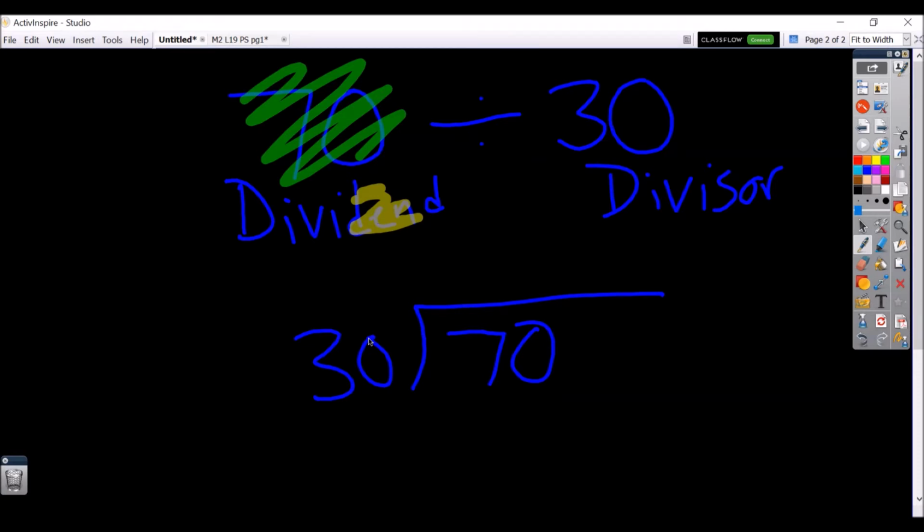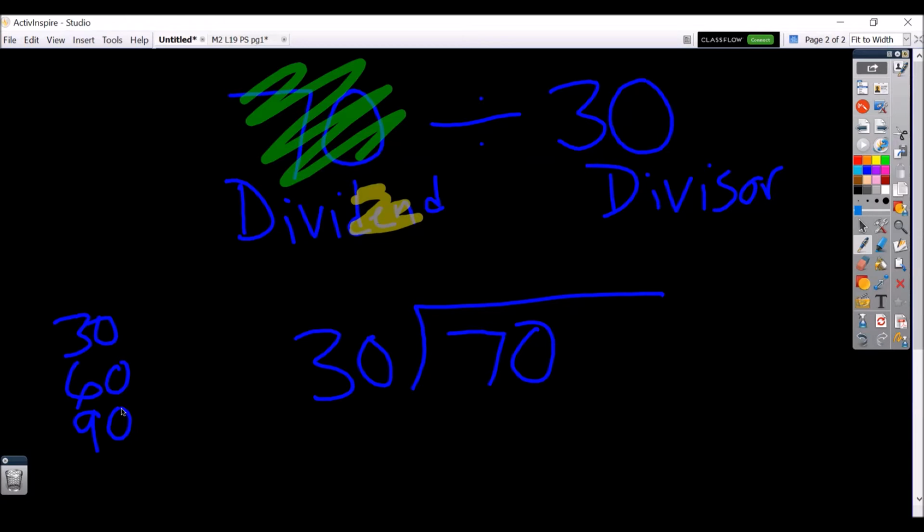So let's just keep using this method. We're trying to think of how many 30s can we take out of 70? It might help to count by 3 10s: 30, the next 30 would be 60, and the next 30 would be 90.